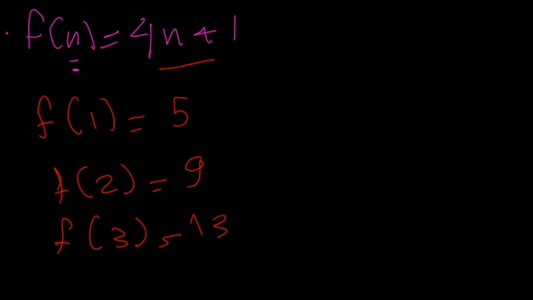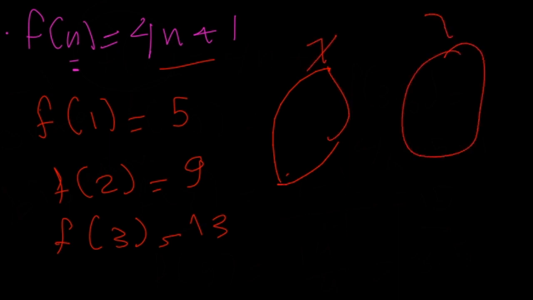Now go back to the definition of one-to-one. A function is one-to-one if each value in the domain, like this is x and this is the codomain, which is y, has one mapping in the codomain y. I cannot have the same value here.